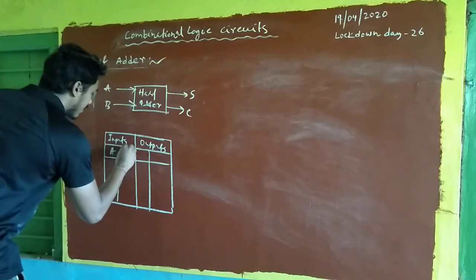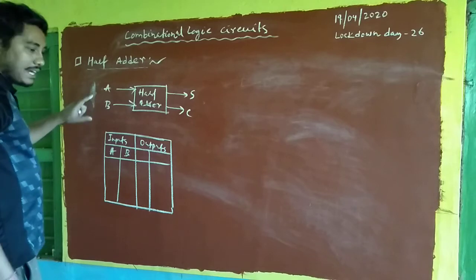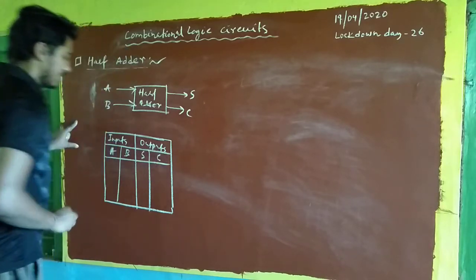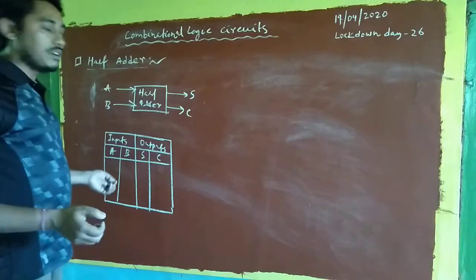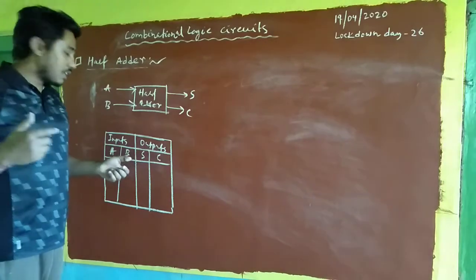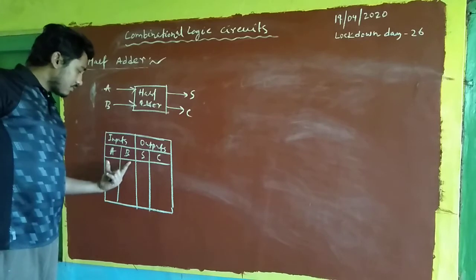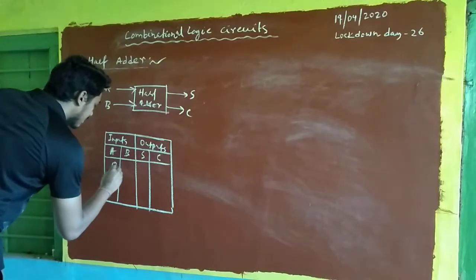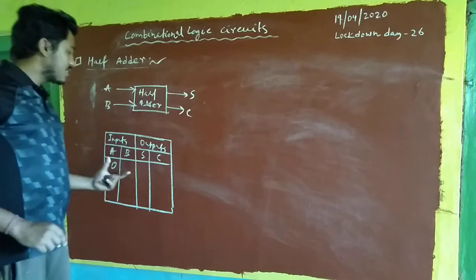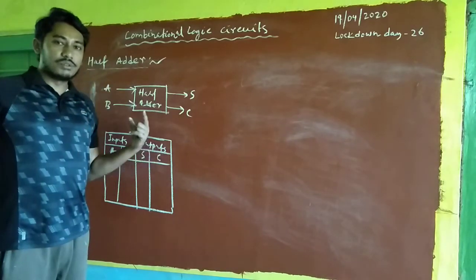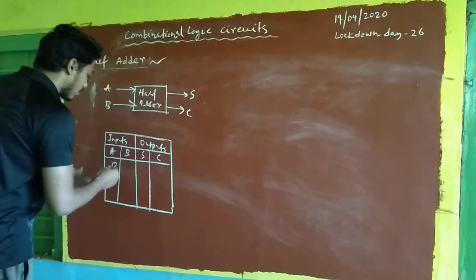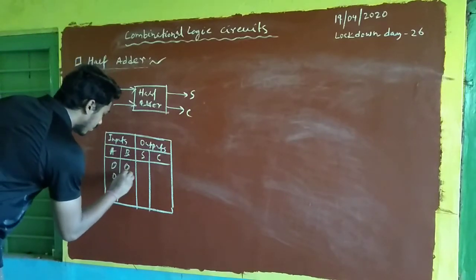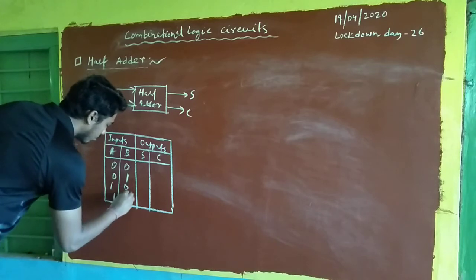Inputs A and B, that is augend and addend, and outputs are summation S and carry C. Now for the truth table, we know the easy means of representing any switching expression of n variables is the possible combinations. So what are the possible combinations of inputs? That is 0 0, 0 1, 1 0 and 1 1.